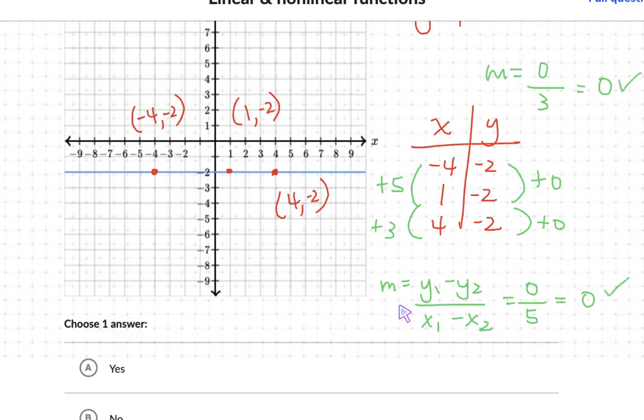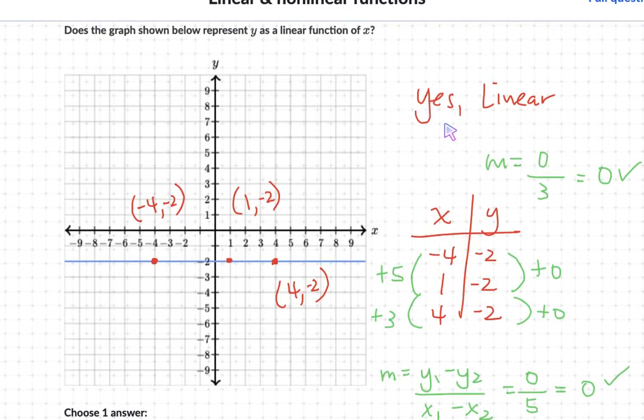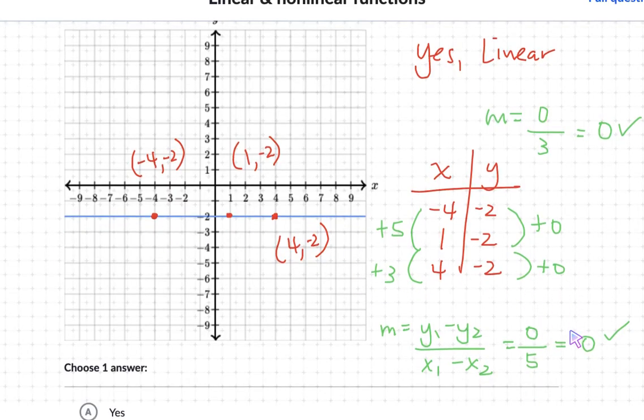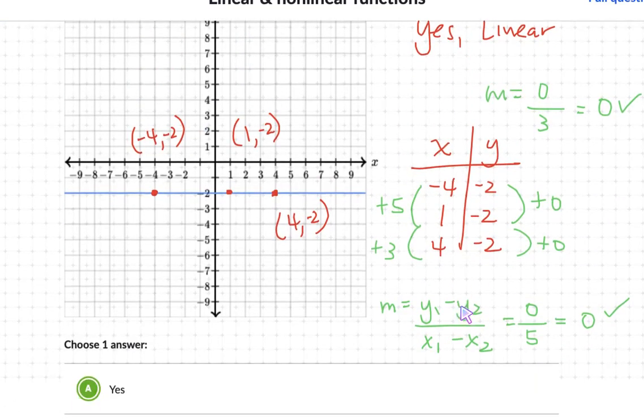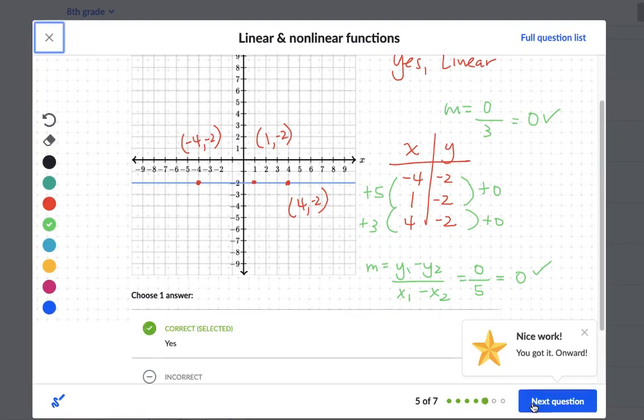So even though the x differences are not the same, we still get the same answer of 0. It is a constant rate of change. So it is linear because it's a straight line, and also because the slope always comes out to the same number. So is this a linear function? Yes. And that's two different ways that we figured out the answer.